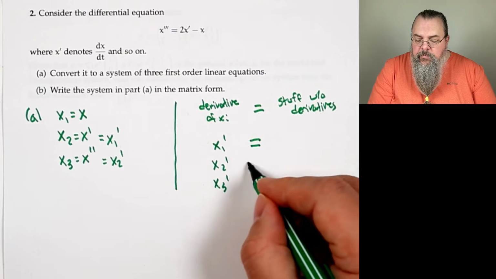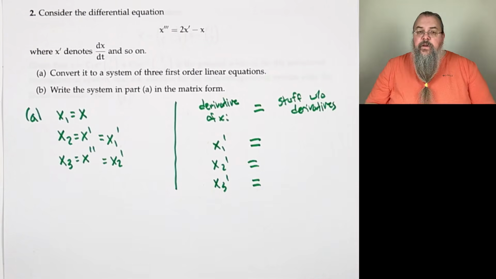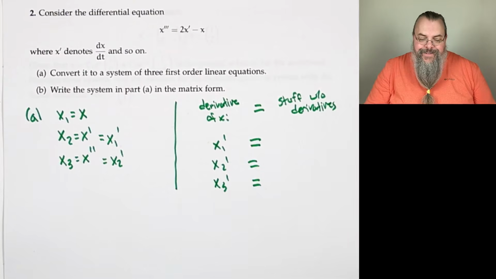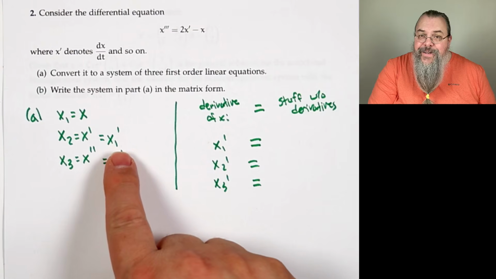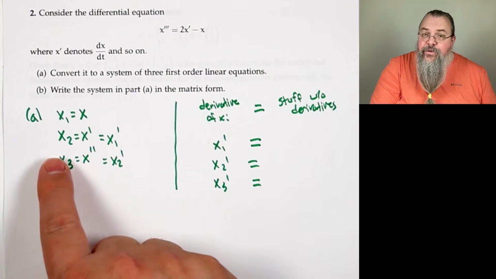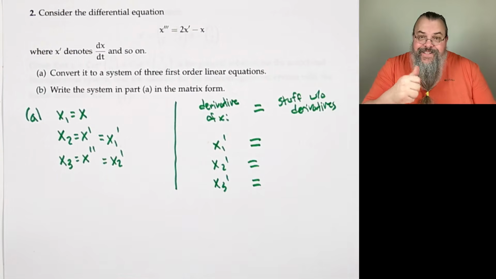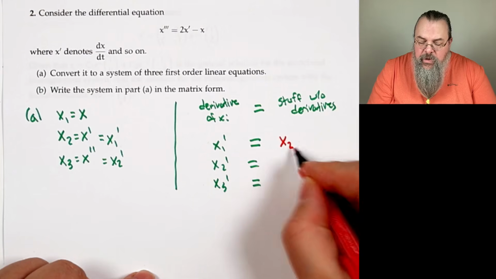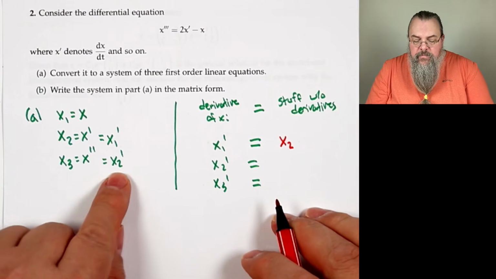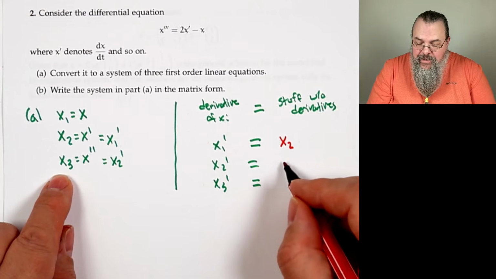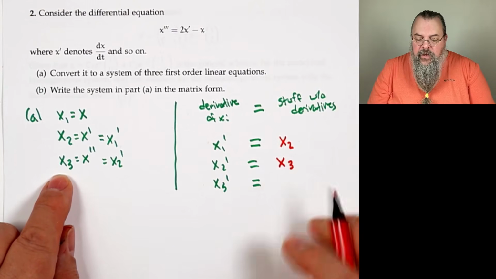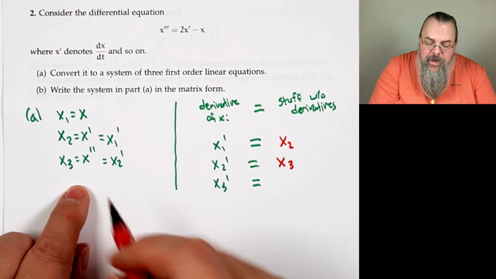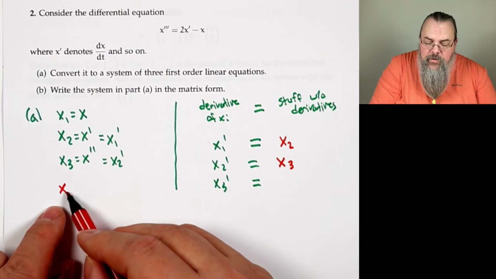Well, what is x1 prime? It is x2. So oh, nice, x1 prime is x2. x2 prime is x3. What about x3 prime?